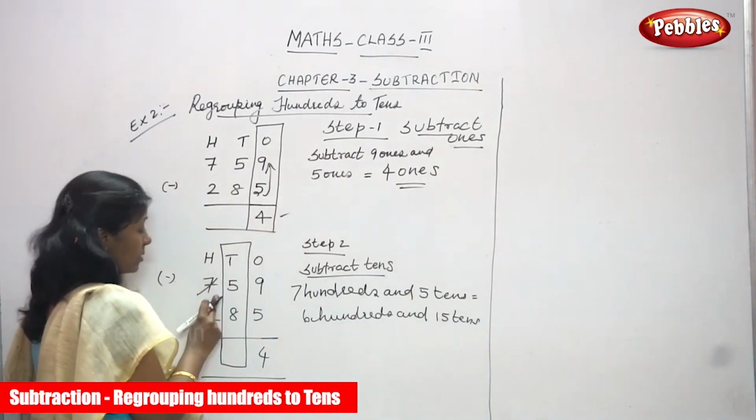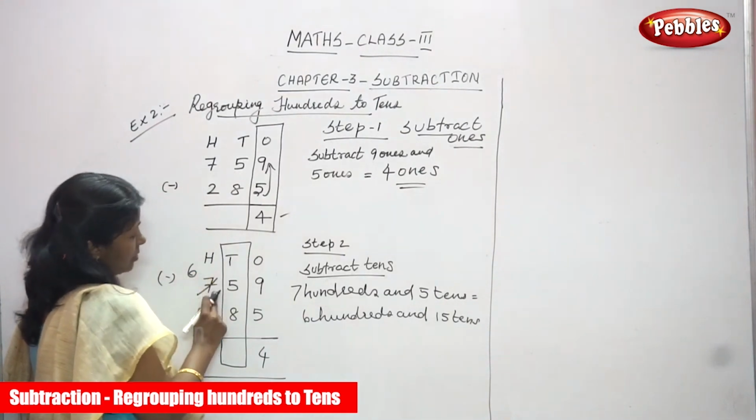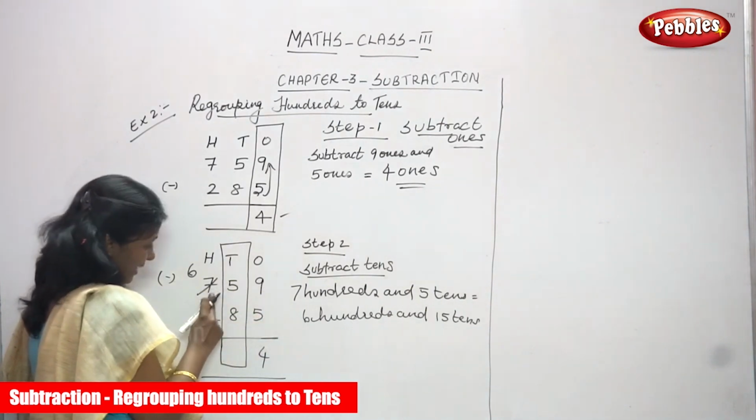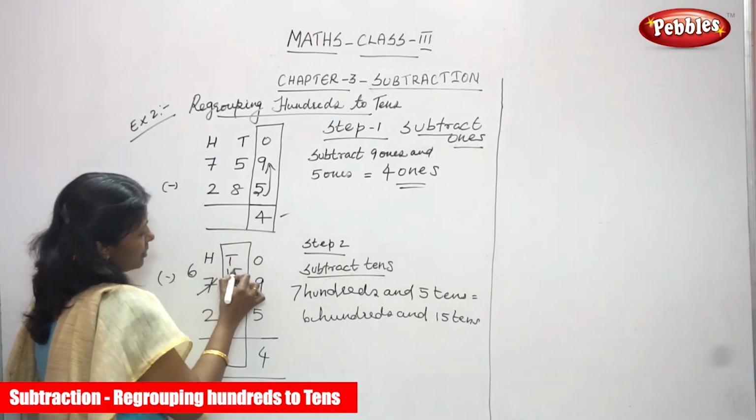You have to borrow 1 from the 7, so this 7 becomes 6. What is 100? There are 10 tens, right? So this 100 goes to the tens place. So this 5 becomes 15 tens.